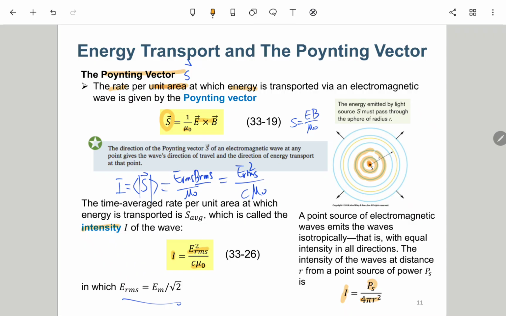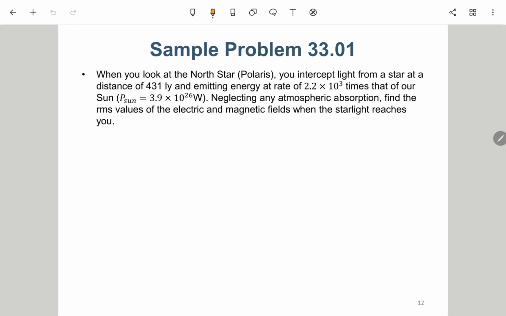Here we have a sample problem. It says when you look at the North Star, Polaris, you intercept light from a star at a distance of 431 light years.